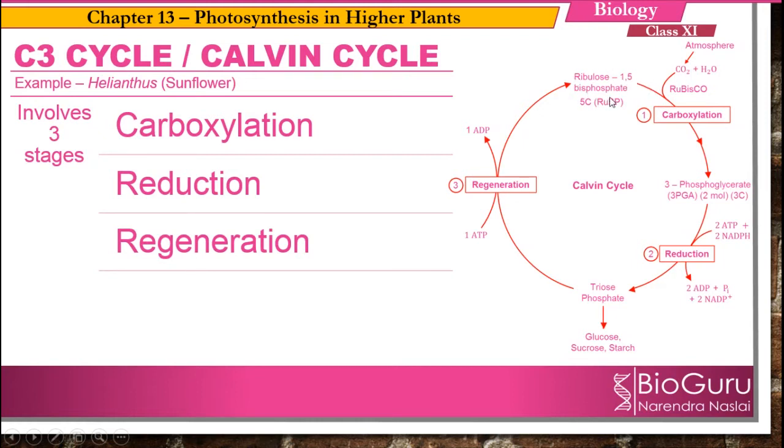This compound RuBP, ribulose 1,5-bisphosphate, is going to combine with carbon dioxide to form a stable intermediate compound, that is 3-phosphoglycerate, in short 3-PGA. Here two molecules of 3-phosphoglycerate are formed, and this compound is a 3-carbon compound.